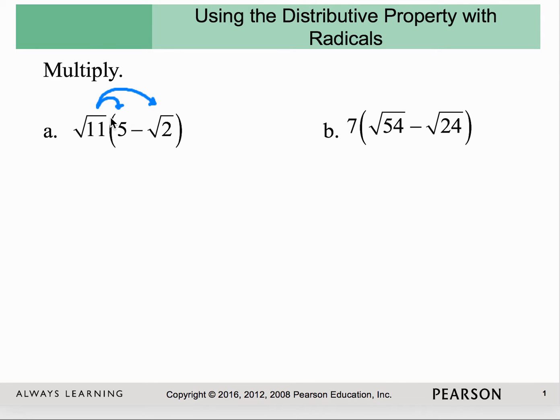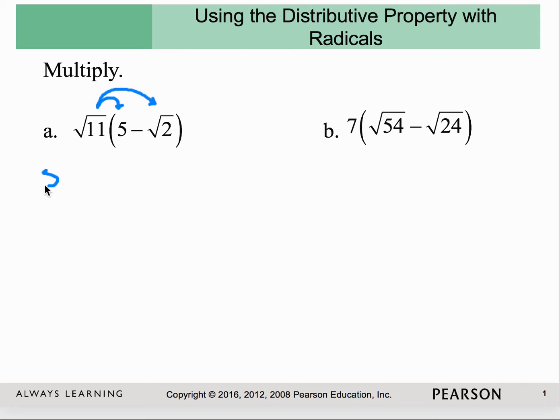You just distribute over the addition or multiplication sign, and when you multiply radicals with non-radicals, whatever's outside the radical just multiplies together and stays outside. Whatever's inside the radical multiplies together and stays inside.